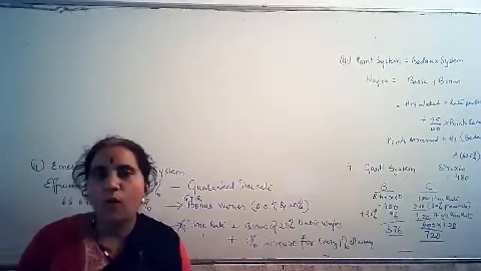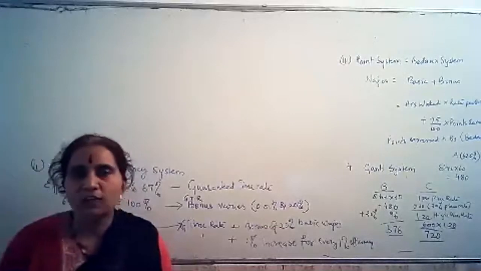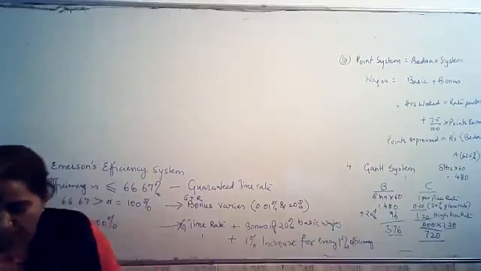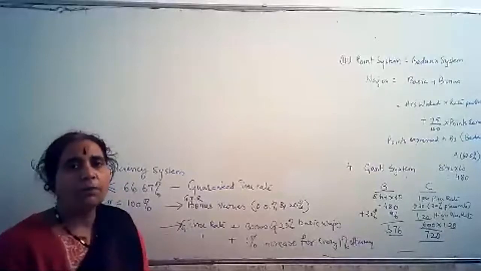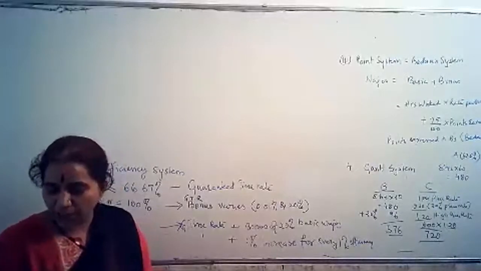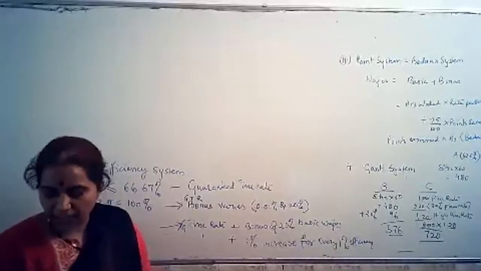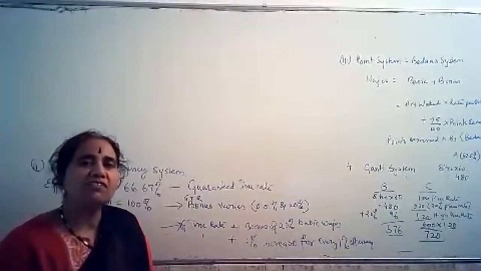So let's have both the piece rate and the hourly rate calculated. How many units have to be manufactured per week or per day? You can take any one for calculation purposes. Since the week's information is given, I am going to use the week here.